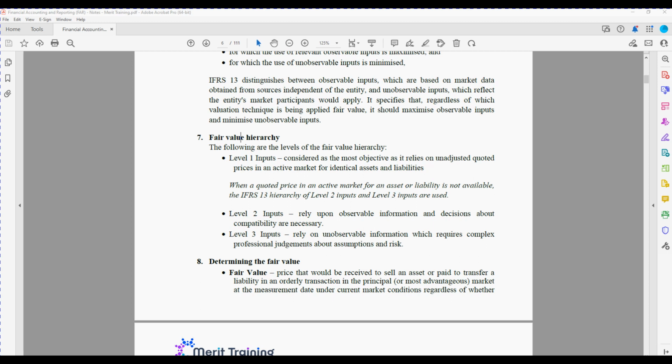Level 2 inputs could be relying on observable information, with decisions about comparability. It could be like looking at carsales.com.au, where you can see similar models, but maybe they've done different tens of thousands of kilometers. Maybe one's manual, one's automatic.